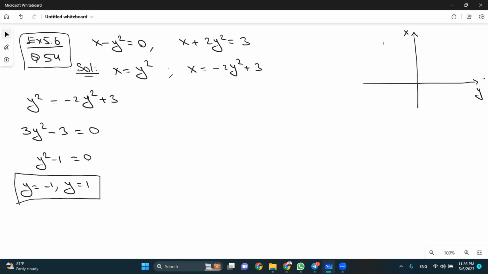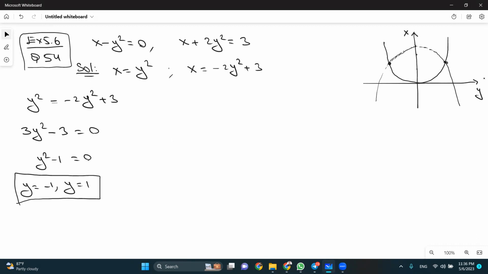So x equals y squared is a parabola, something like this. And how about the second one? Its maximum value is 3. Suppose that this one is 1, 2, and 3, starting from here. It looks downward, so its graph will be something like this. Here they intersect each other.